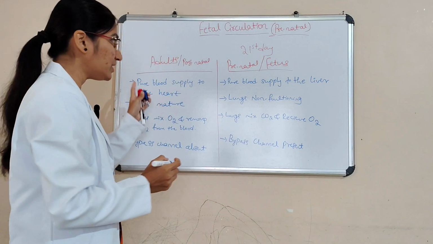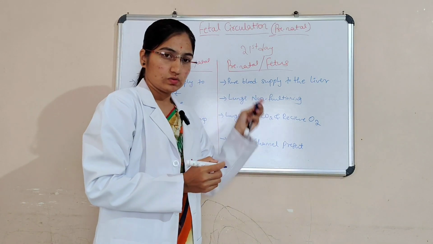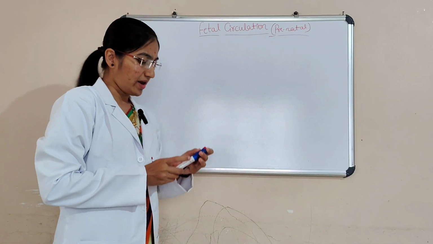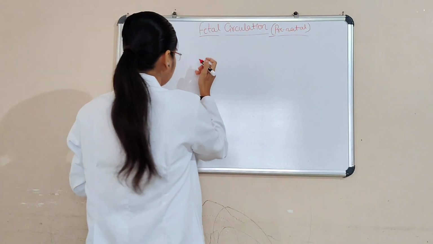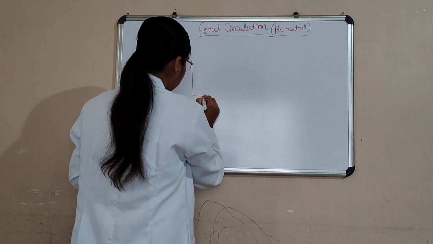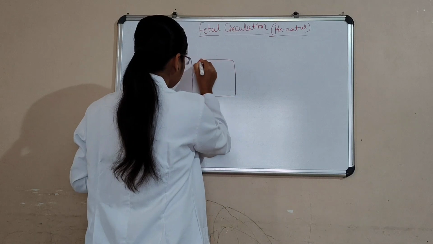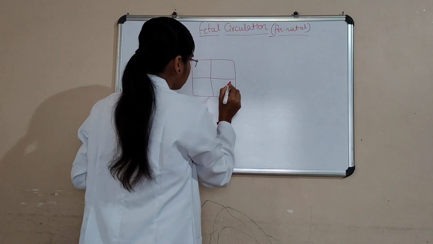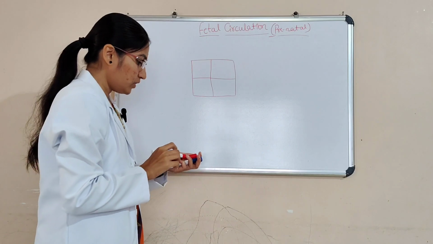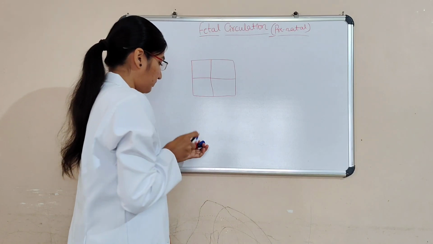This is just the difference between adults and fetus. First we'll see adults. In the heart, there are 4 chambers.